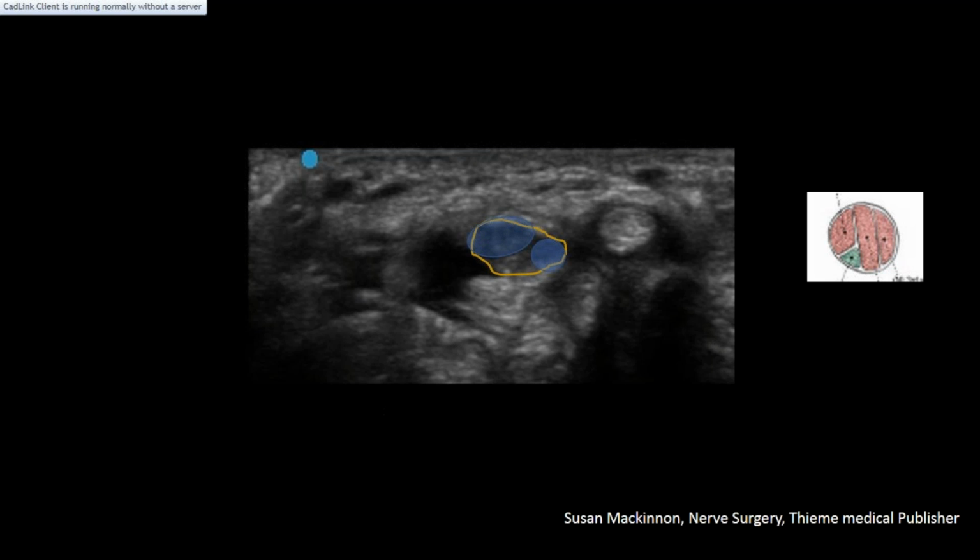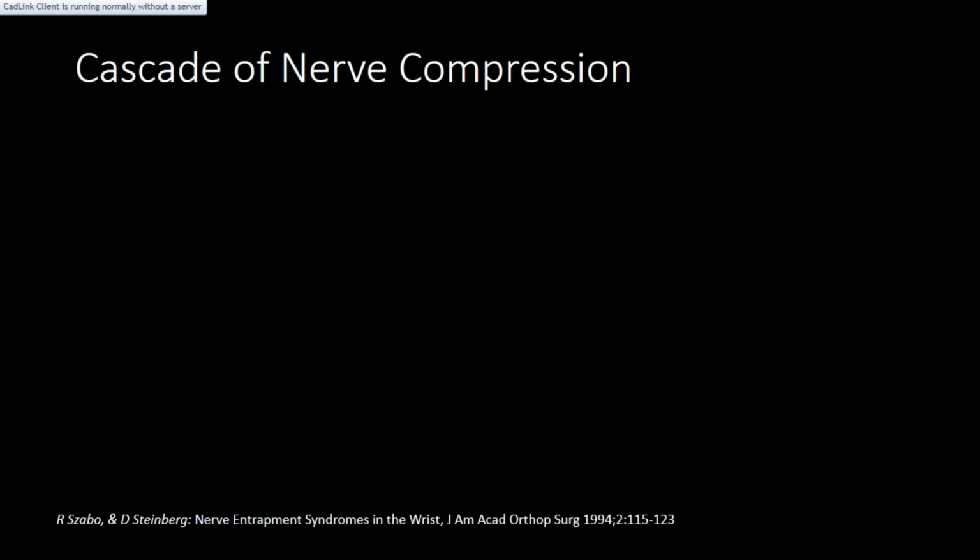With EMG study, we found complete conduction block of sensory fibers, and motor studies were normal, and it correlates with the ultrasound finding of sensory fascicles being more hypoechoic. That means they have intraneural edema compared to the motor fascicles.